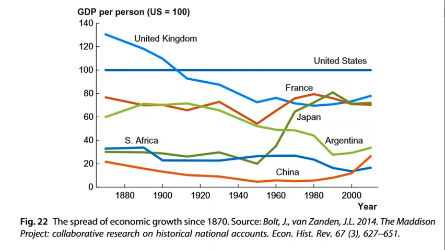But within what we think of as the West or the First World or whatever you want to call it, the UK, France, and Japan are all kind of hanging out together at about 75% of US GDP per person.